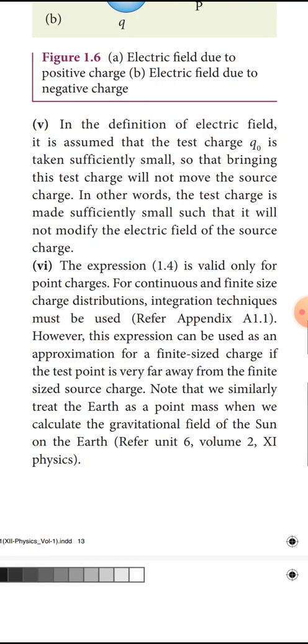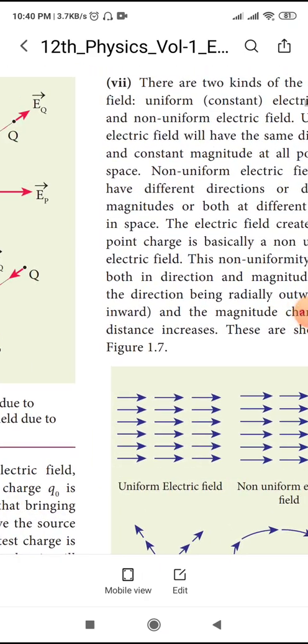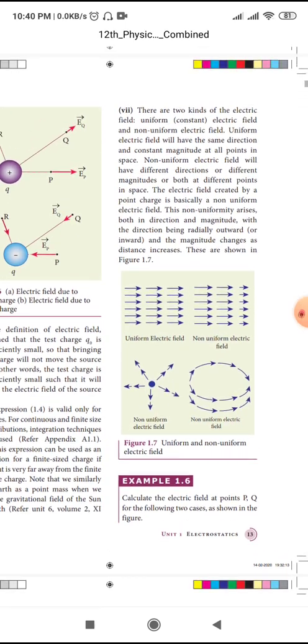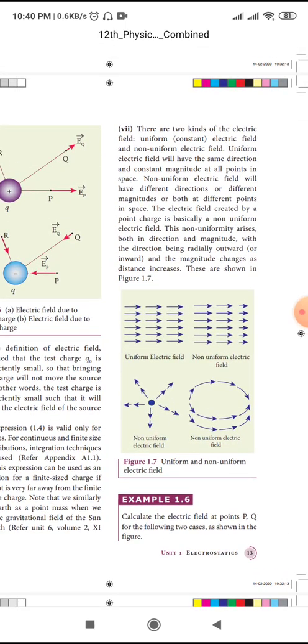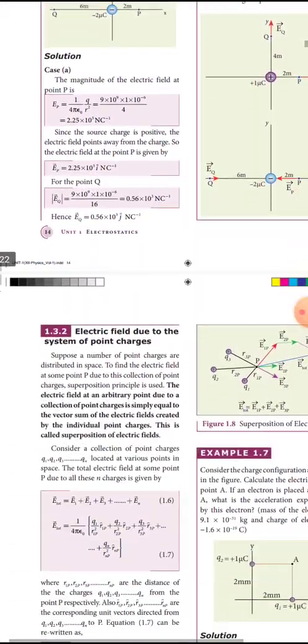It is valid only for point charges, just as we consider Earth as a point mass in gravitation. And the seventh point is, there are two kinds of electric field: uniform and non-uniform electric field. You have to explain what is a uniform electric field and what is a non-uniform electric field. These are the seven important aspects of electric field.